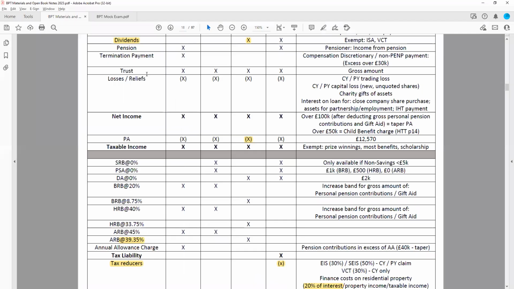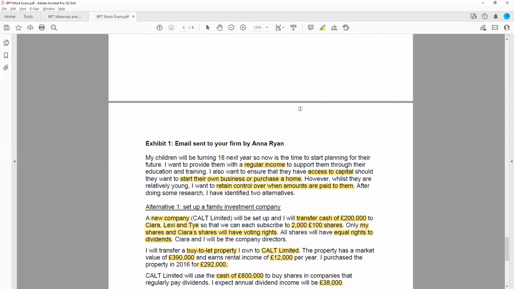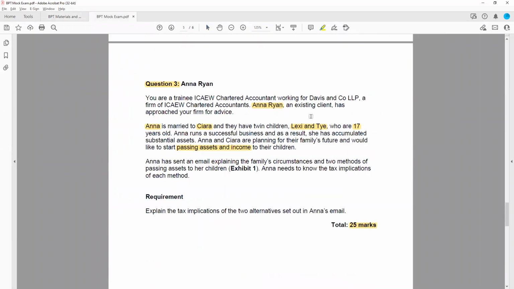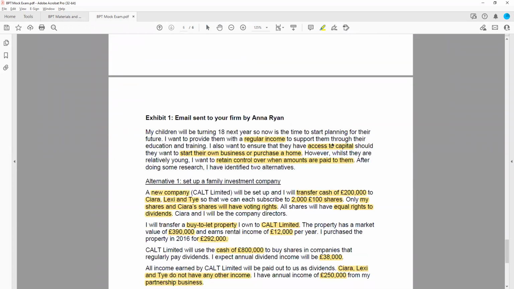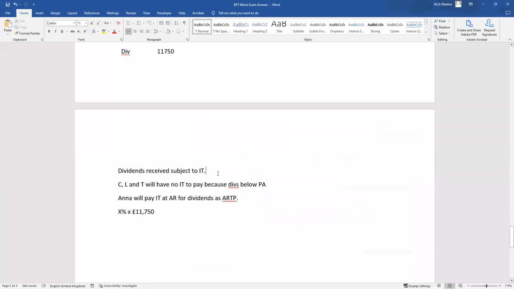And there is one small point to pick up on. It did say here that the children are currently 17. If they receive this income before they're 18, it'll be taxed on the parents. But if they receive it once they're 18, they're an adult, they're effectively seen as independent, so it'll be taxed on them. So you could put here dividends subject to income tax, have no income tax to pay.